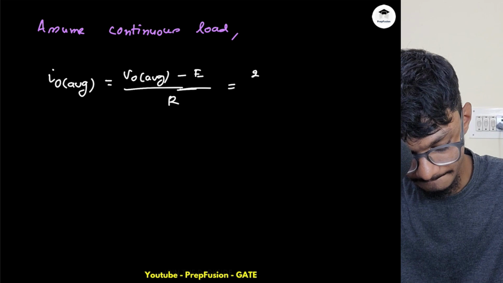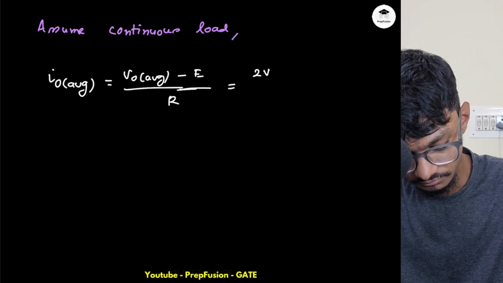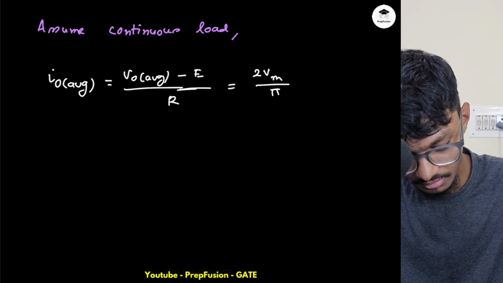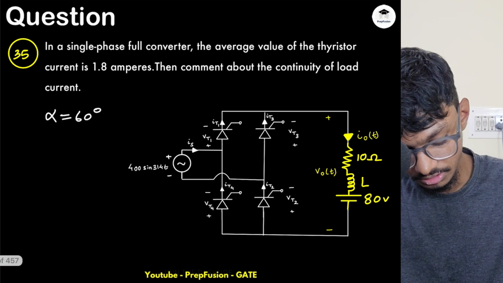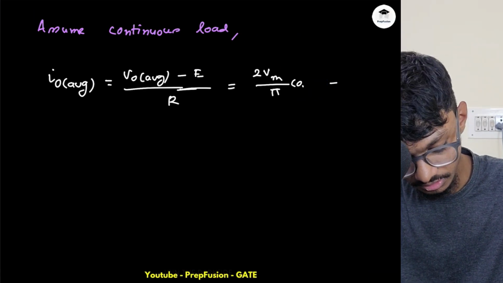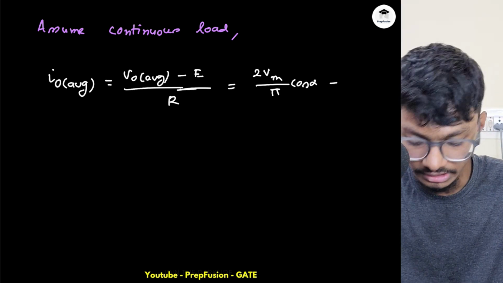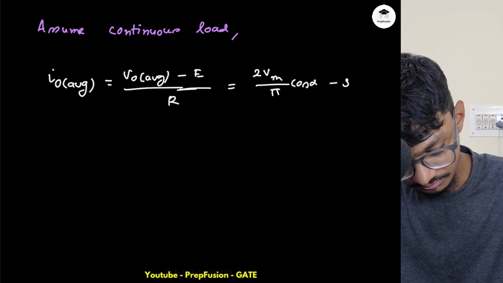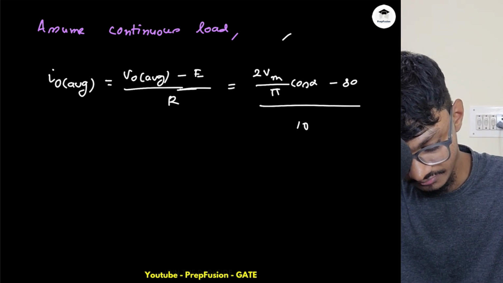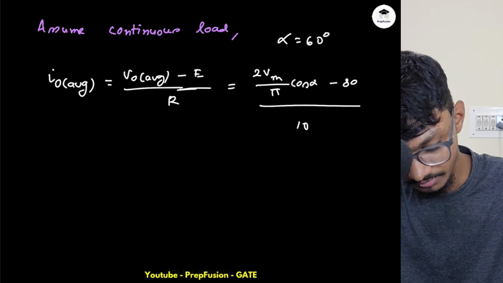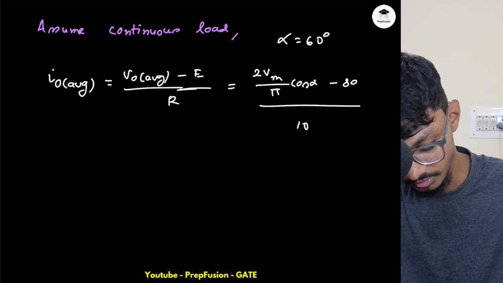E is 18 in our case, and R is 10, and alpha is 60, so cos alpha is half. This will be Vm by pi only.